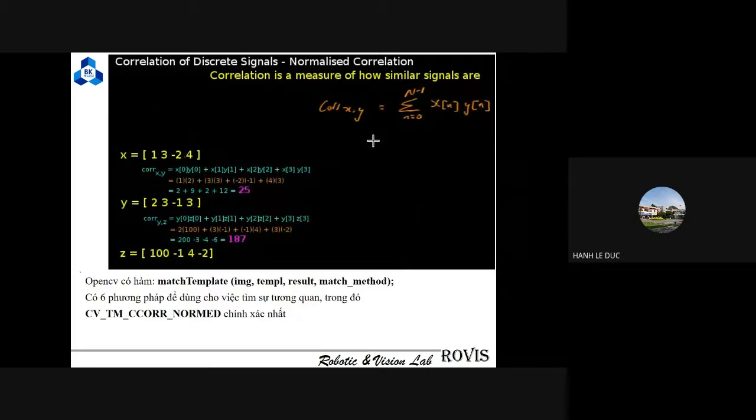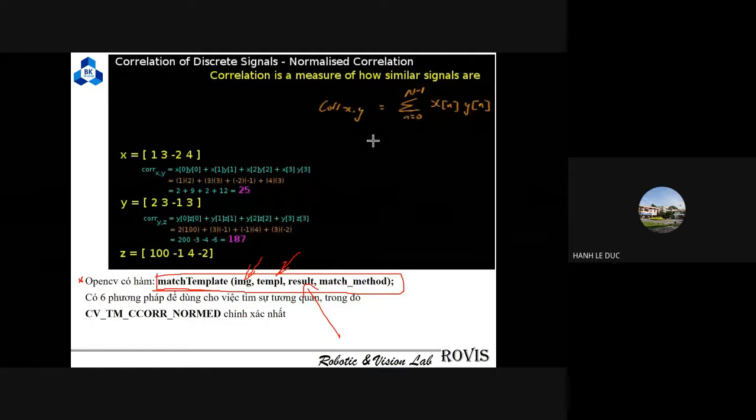Okay, and in OpenCV, they have the function called matchTemplate. What you have to do with this function is just provide the image and provide the kernel or template. They will give you the matrix result.